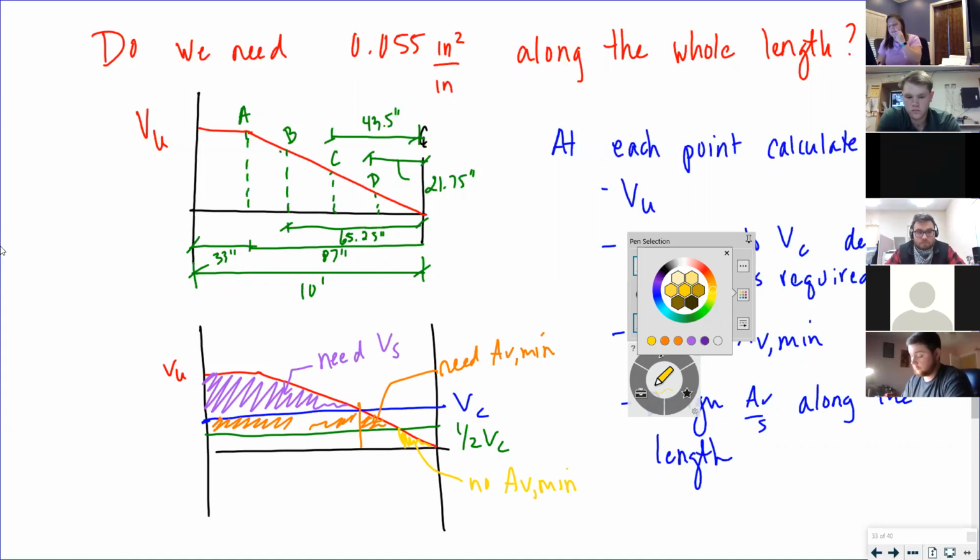I don't know if that makes sense, but the purple part, I'm going to take away this.